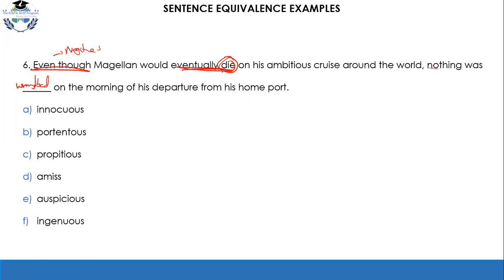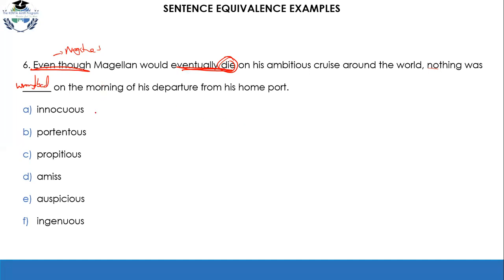Nothing was wrong, nothing was unusual, nothing was weird, nothing was out of place. All those could fit here. I saw someone saying suspicious, weird, unusual. Yes. Nothing was unusual, nothing was suspicious on the day he left his home, but he would eventually die.